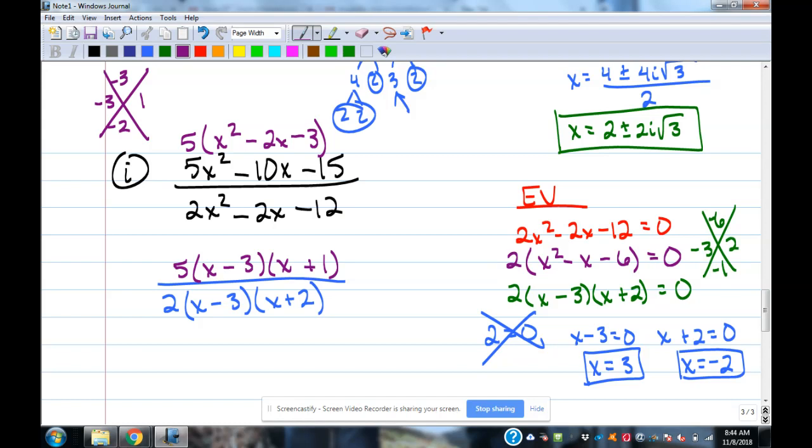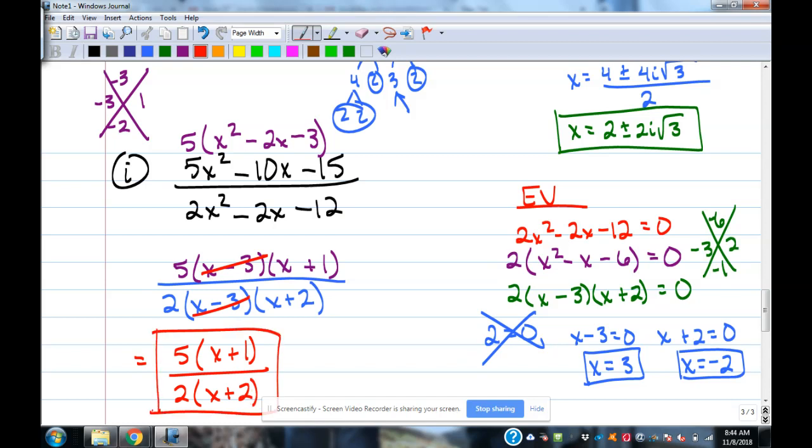X minus 3. Nice and pretty. The 5's still there because 2 and 5 don't share anything other than 1, so we can't cancel those. The x plus 1 is still there. The 2 is still in the bottom, and the x plus 2 is still in the bottom. That's our simplified version of that.